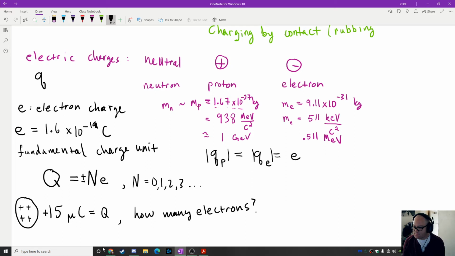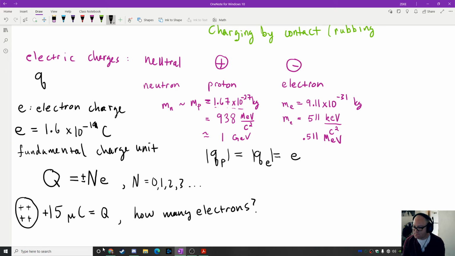And that's really easy to do from our equation right here, right? We would just take 15 microcoulombs and divide by the charge on a single electron. Now you could put 1.609 if you want to here. There are more digits, and we can figure out what that is. Maybe you can calculate this for me. What's this micro? We're going to see that come up a lot. What is 1 microcoulomb equal to?